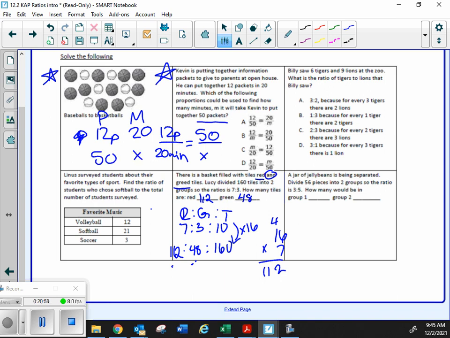Do I have that set up anywhere? Where 12 and 20 go across, and then 50 and X, but 12 is still with 50, because that's talking about packets. What letter is that? A. Okay, A is correct. Again, because in both cases they're talking about packets in this one and minutes in this one. You just have to rotate it. The back is your homework.